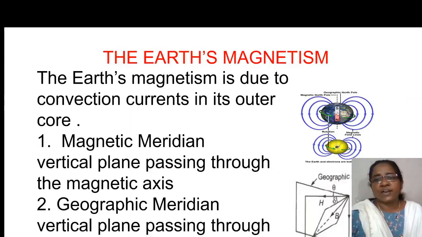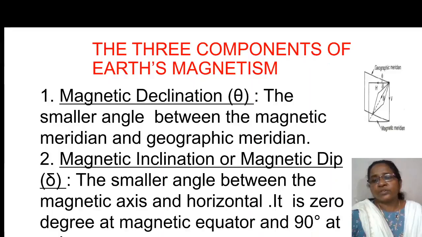If you cut the Earth into two halves along a vertical plane through this axis, that plane is known as the magnetic meridian. And there is a geographic meridian connecting the geographic north and south poles. If you cut the Earth into two halves along a vertical plane through them, that vertical plane is known as the geographic meridian. Okay.